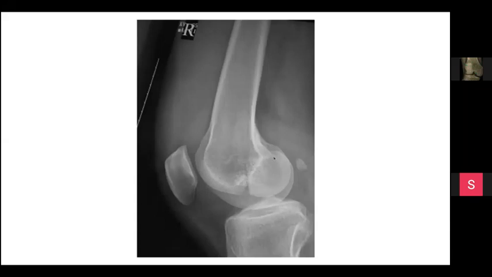Okay, so who's going to answer the questions regarding Hoffa fracture? Gautam, how are you? Since this is an intra-articular fracture, we have to fix the fragment. So open reduction internal fixation. Is that all?